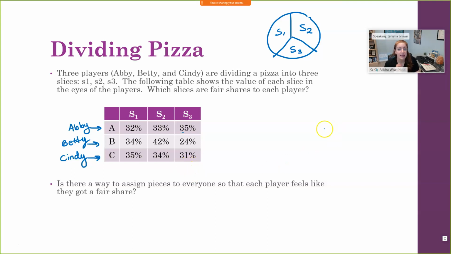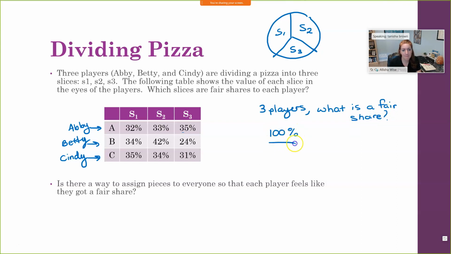So the first thing we have to say is how many players are here? There's 3 players. So what is a fair share for each player? Very good. So it's 33.33333333, keep on going forever.